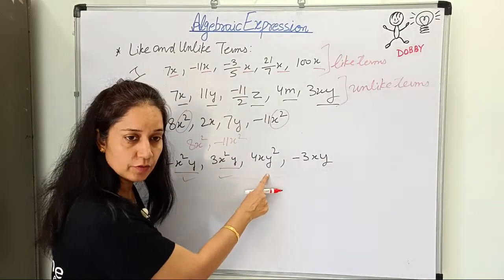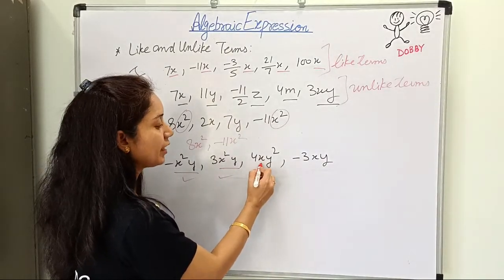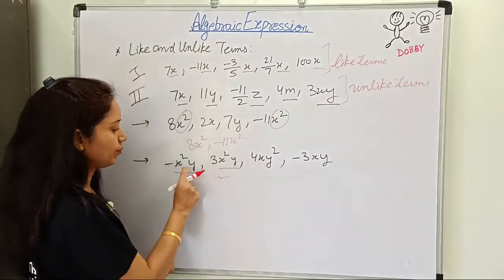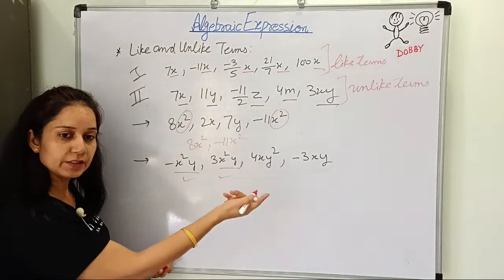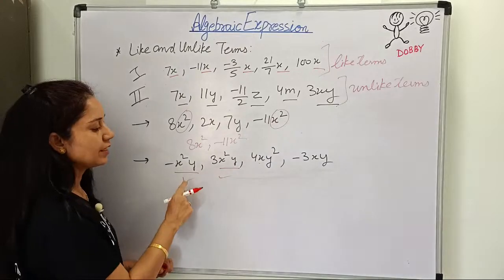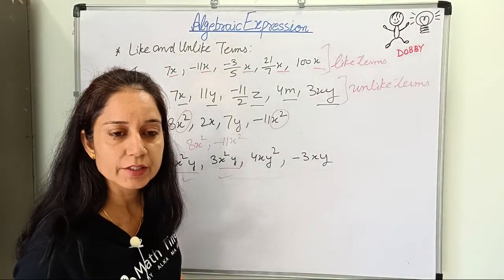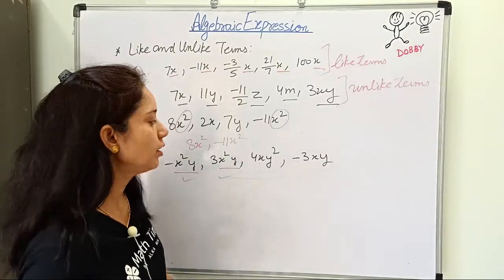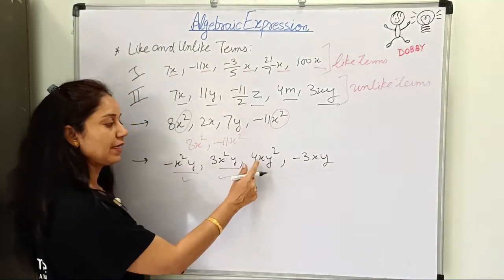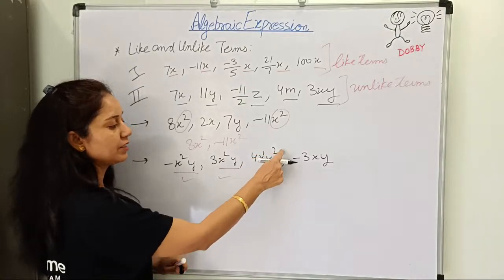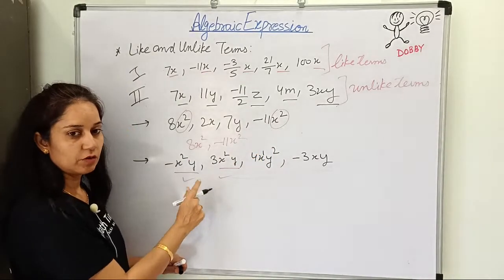In the third expression we have x, y square. Here x is single, but in the others x is x square, x raised to the power 2. So first and second are the like terms here. Correct answer, Ayam and Shalini. Anushruti, third won't be counted, beta, because x has power one here and y has power 2.